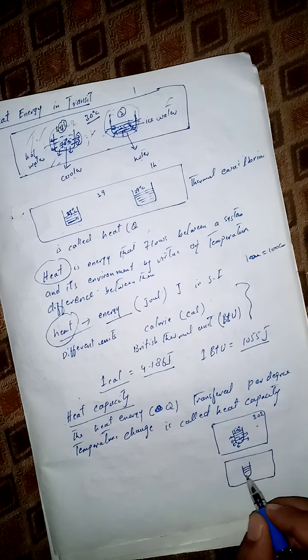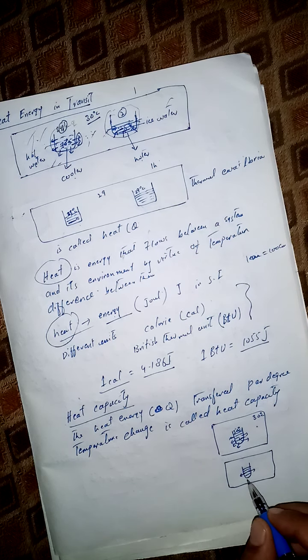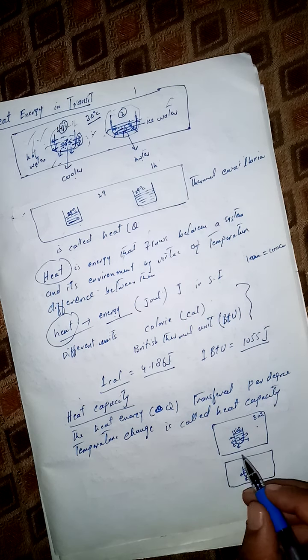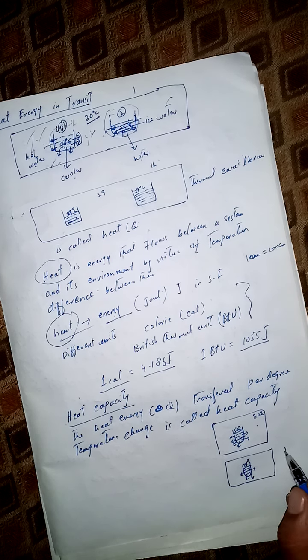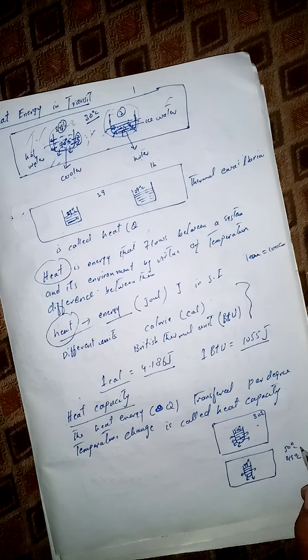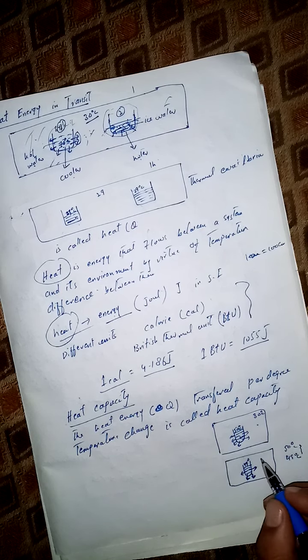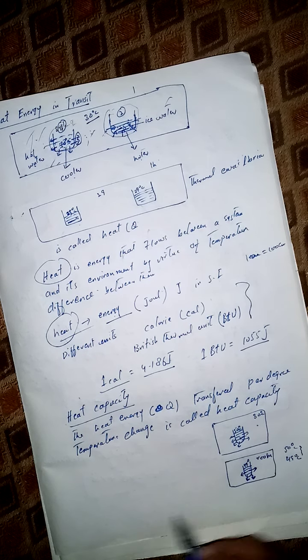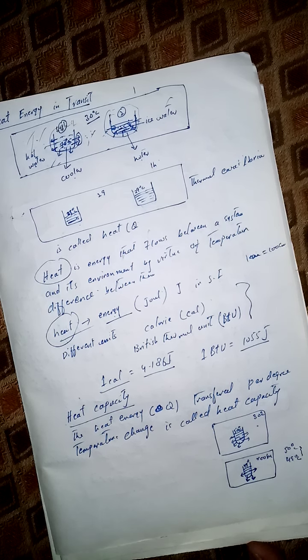Suppose heat moves from the glass of water to the room such that the temperature of the hot water inside the glass reduces from 50 degrees C to 49 degrees C. During this change in temperature, the heat transferred from the glass to the room is related to heat capacity.